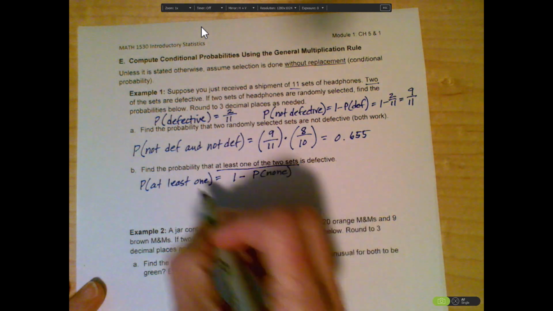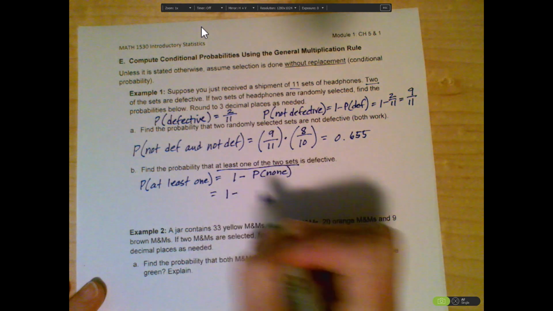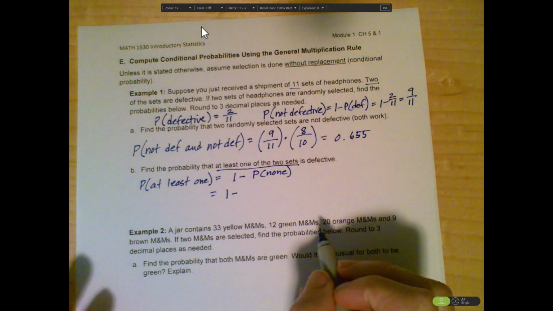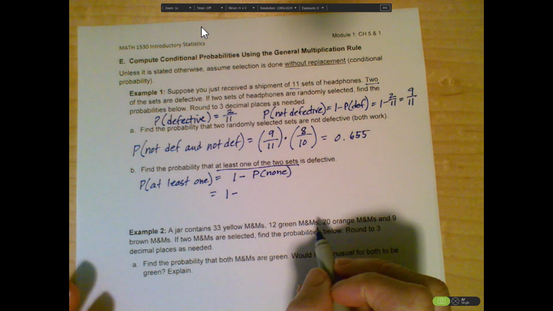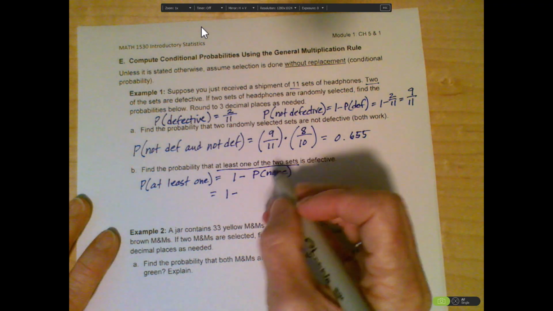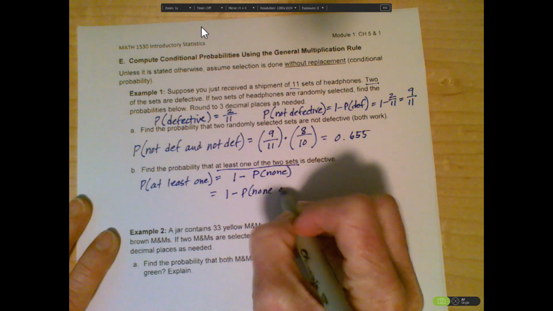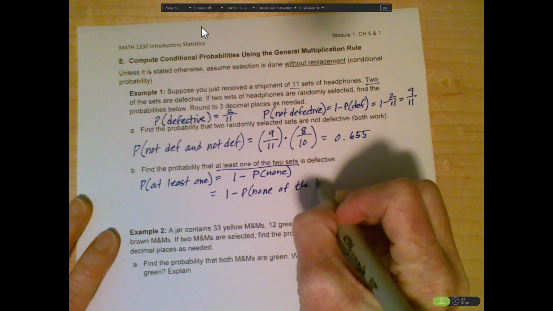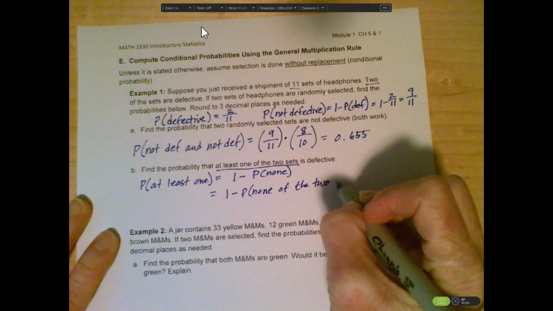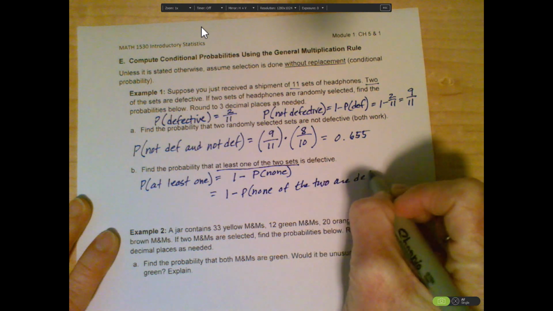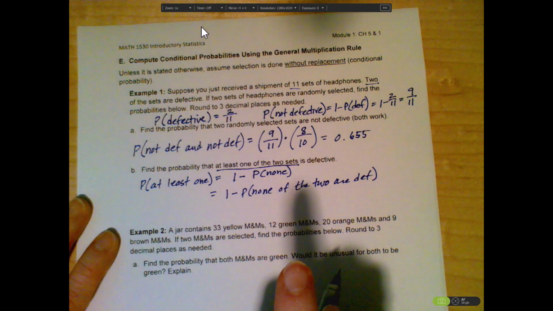So that will be equal to 1 minus the probability that none of the 2 are defective. Neither one is defective.